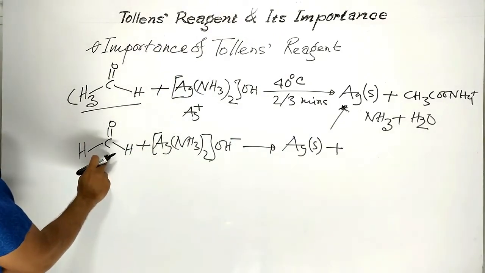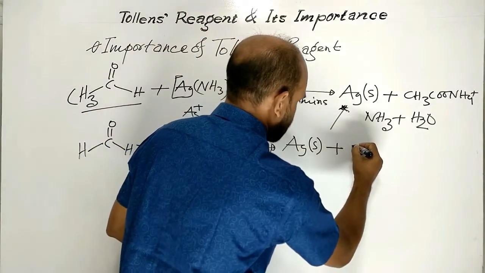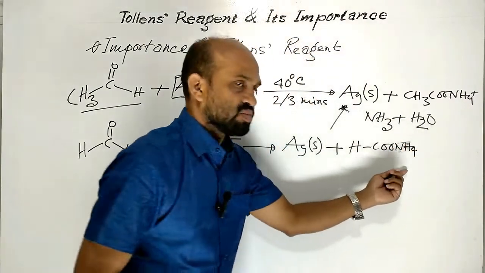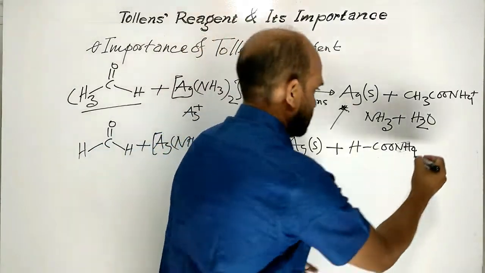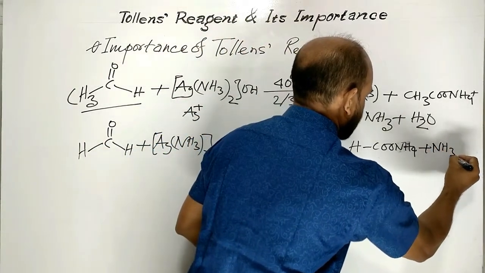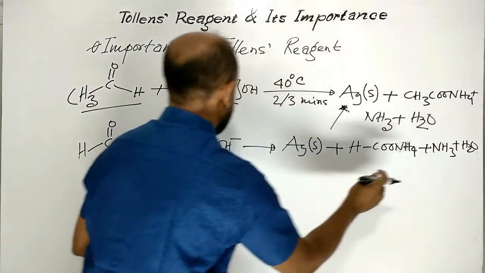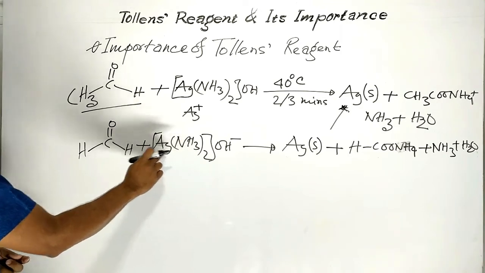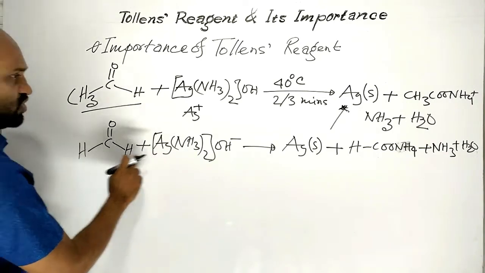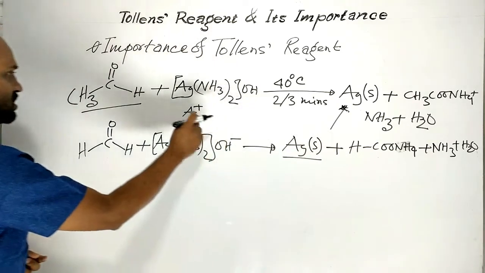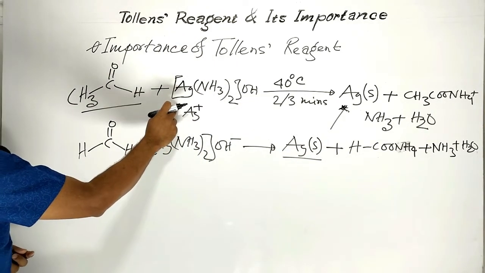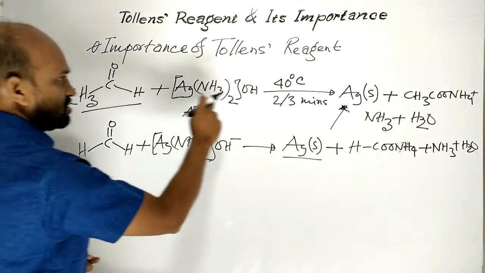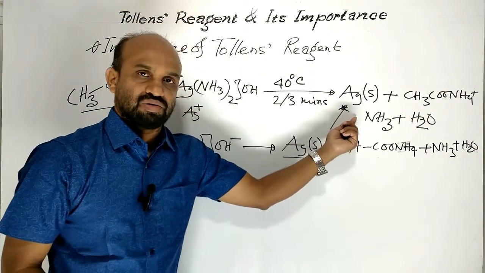Formaldehyde turns into ammonium formate, the ammonium salt of formic acid. Byproducts are ammonia and water. Here as well we see that Tollens reagent reacts with aldehyde to form silver mirror. In the first case, Tollens reagent reacting with the aldehyde ethanal forms silver mirror.